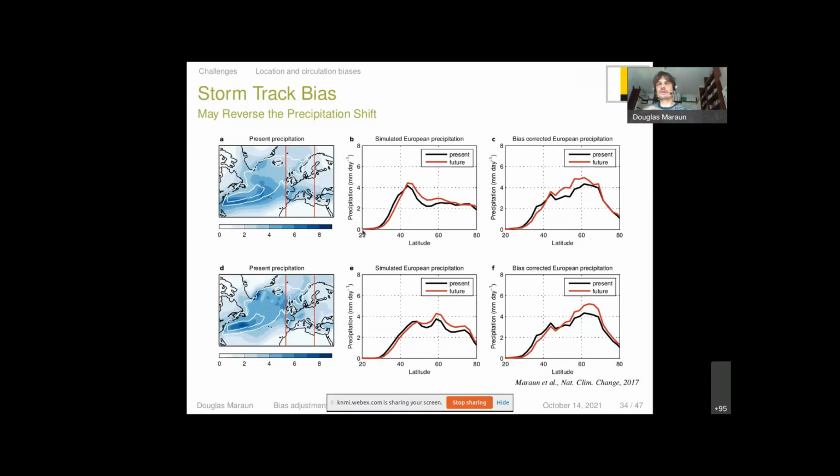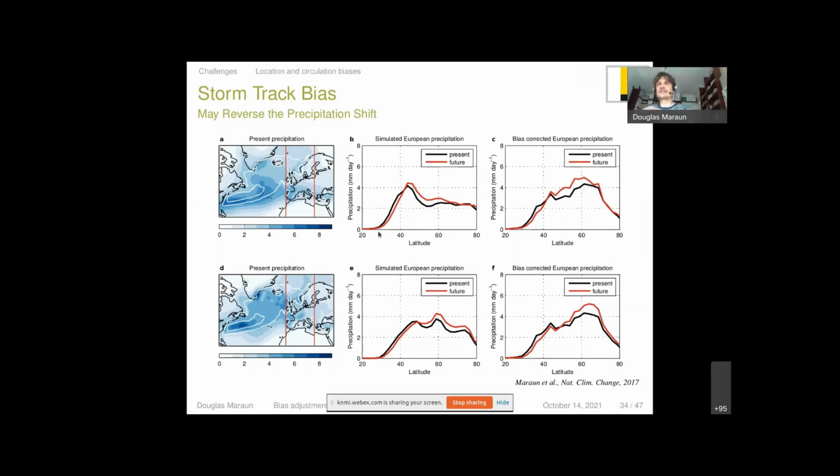This is 20 degrees latitude, this is 80 degrees latitude. You see the peak in the model is somewhere at 45, which is completely unrealistic because in reality you've got the peak somewhere in Norway. Everybody has been to Bergen and knows that. The peak is roughly at 60 degrees north.